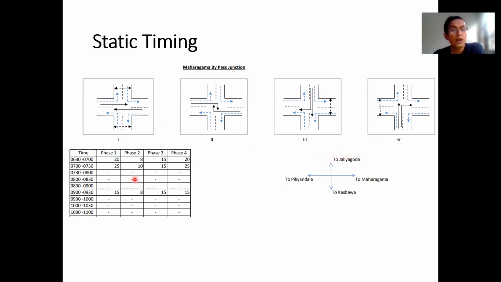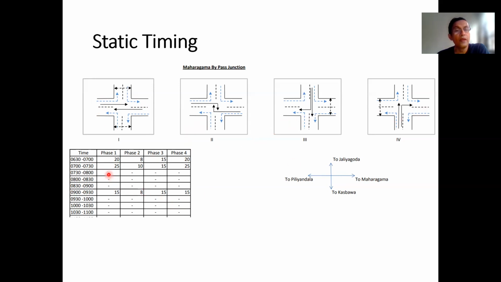And you can see the timing. This is how static timing looks. This particular junction on the outer circular road of Piliyandala, 6:30 to 7 is phase 1, 20 seconds. It allows the main road to operate for 20 seconds. Then phase 2, 8, phase 3, 15, and phase 4, 20.